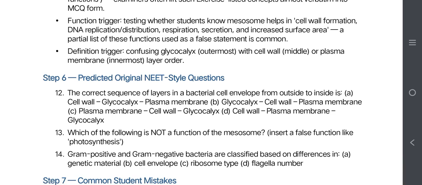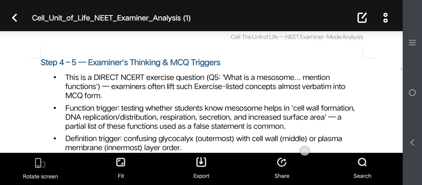Function trigger: testing whether students know mesosome helps in cell wall formation, DNA replication and distribution, respiration, secretion, and increasing surface area. A partial list of those functions, with a false statement added, is common. Those are the triggering statements.